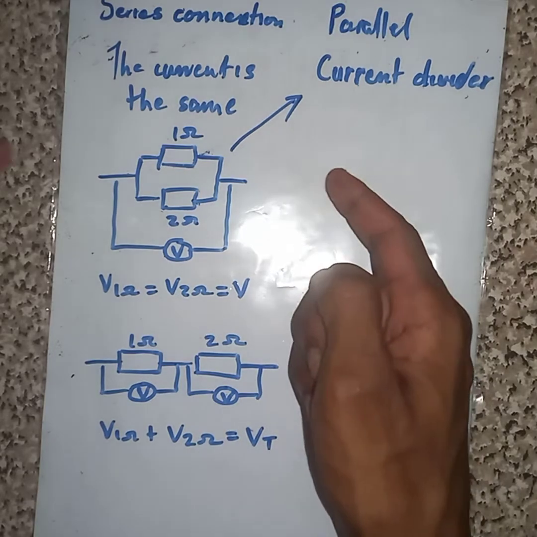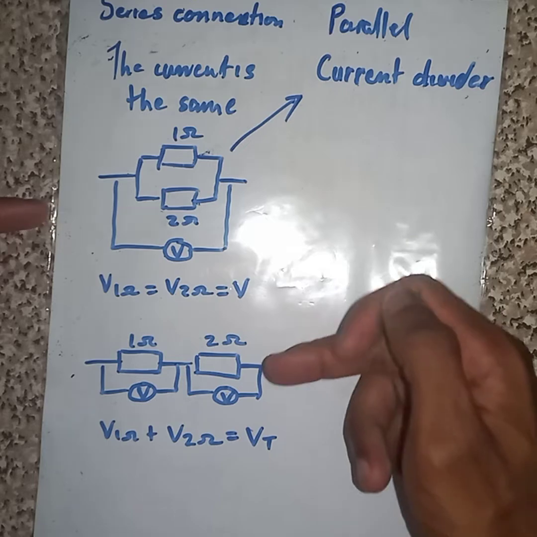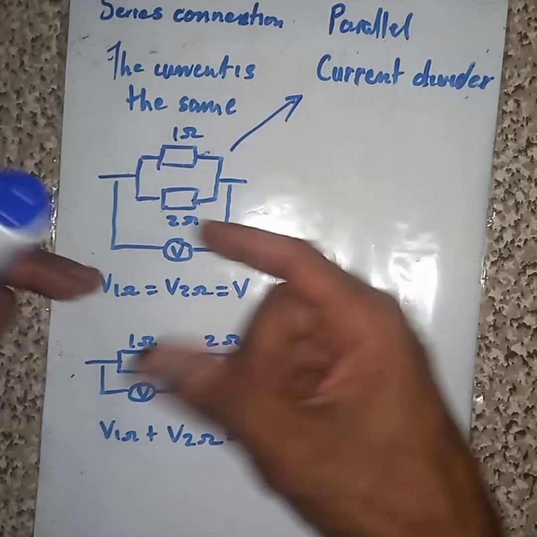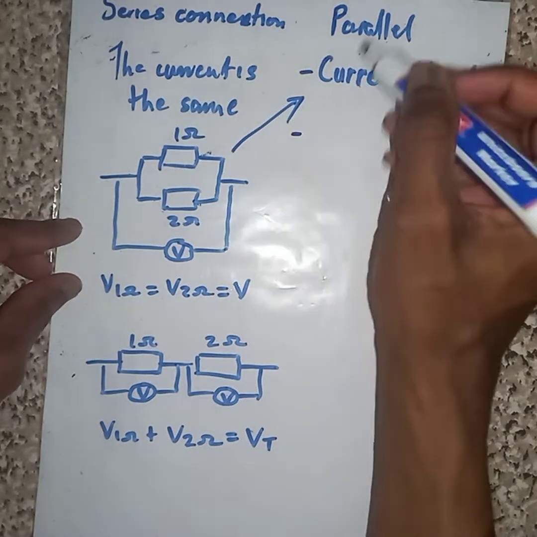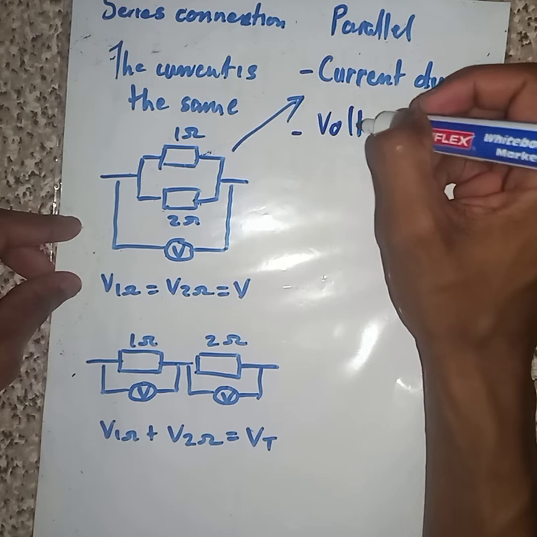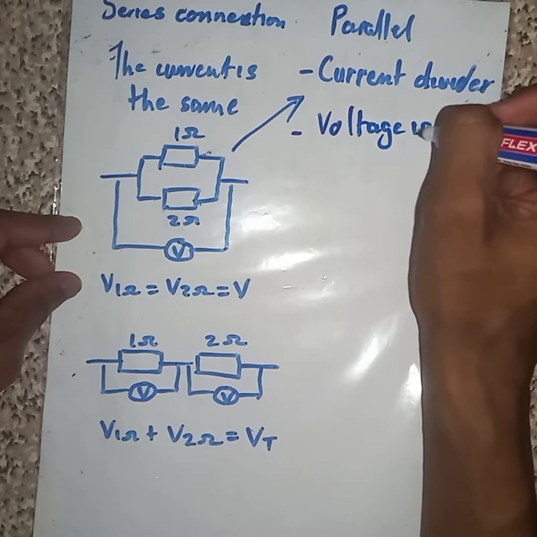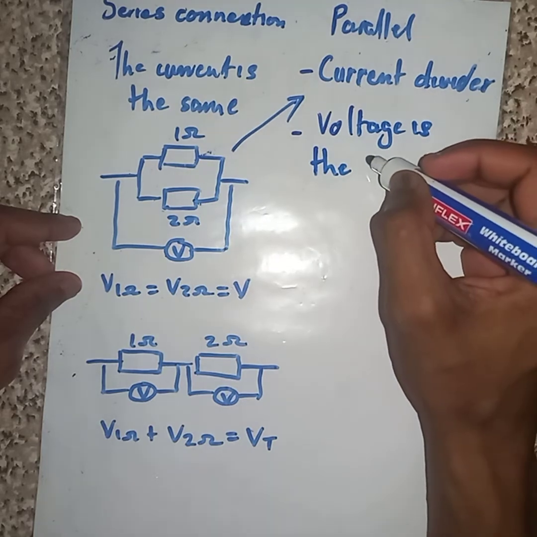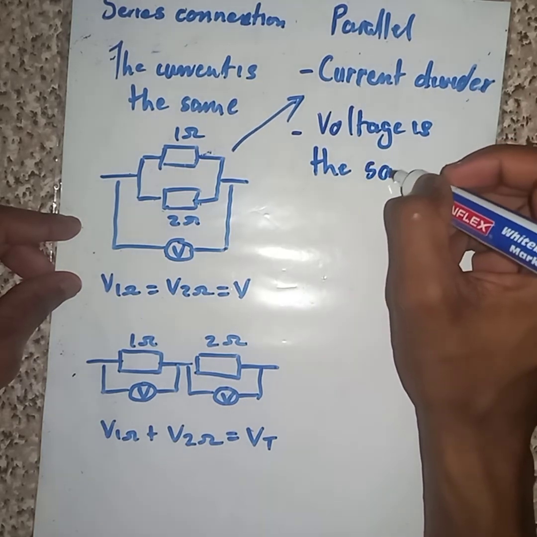Now things must change for voltage. We realize something, that for parallel connection, the voltage is the same. Voltage is the same for each resistor.